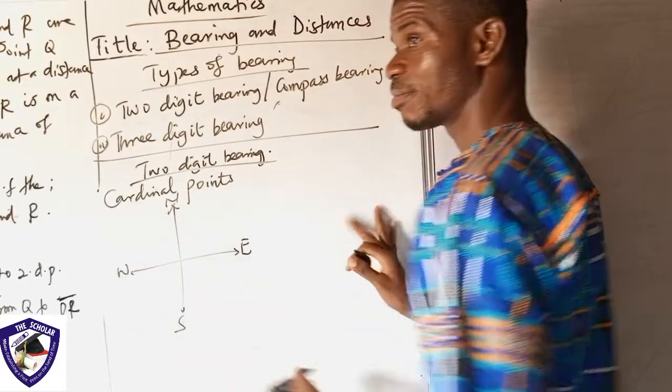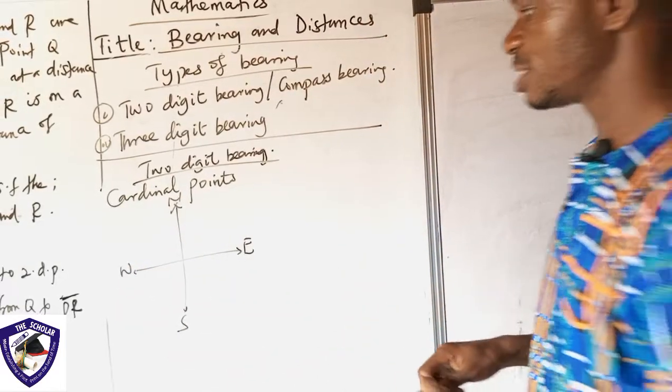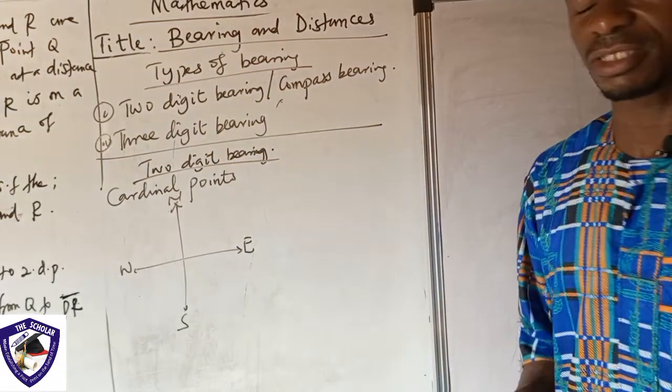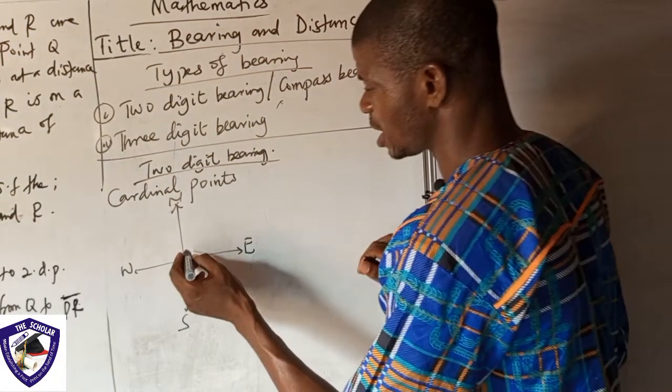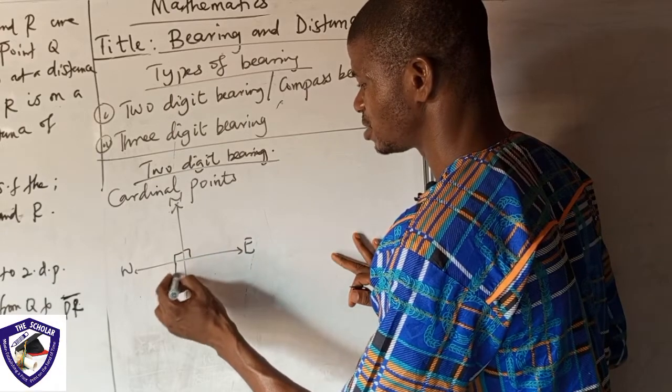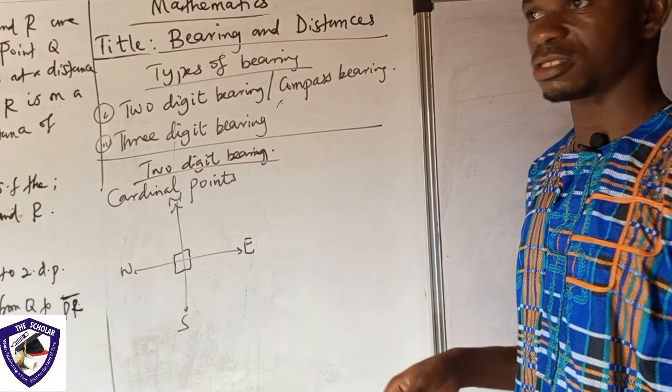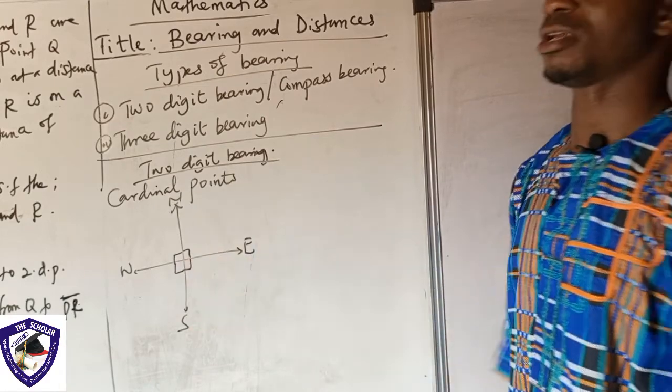Since it's a rotation, it forms an angle of 360 degrees. So each angle between them is 90, 90, 90, forming a total revolution of 360 degrees. This is what we mean by cardinal points.